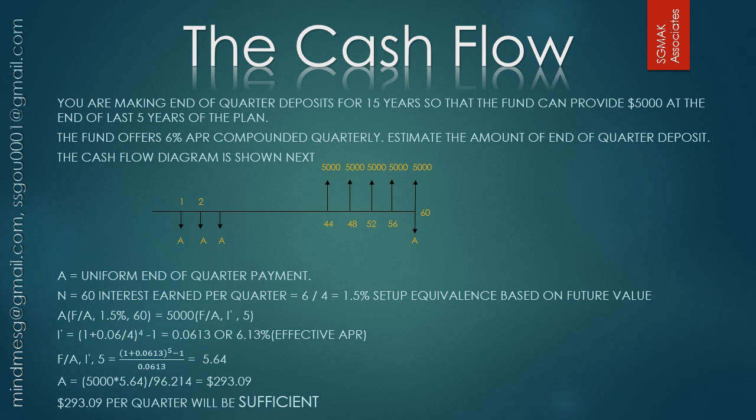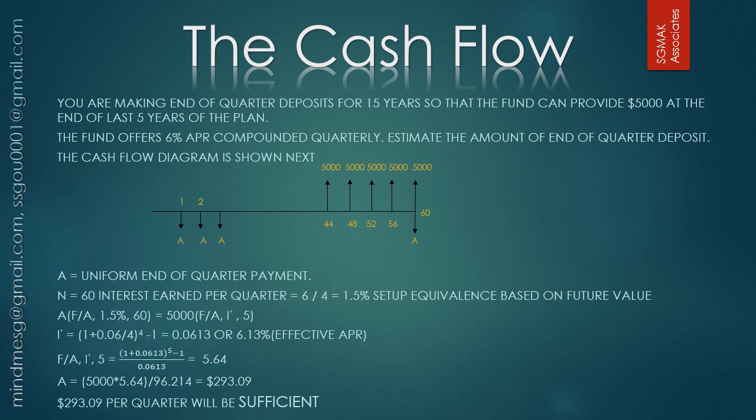The fund is earning 6% APR, and that doesn't change over the planning period. 6% annual percentage rate, and it's being compounded quarterly. So next you can see the cash flow diagram. Since the planning period is 15 years, we have 60 quarters.